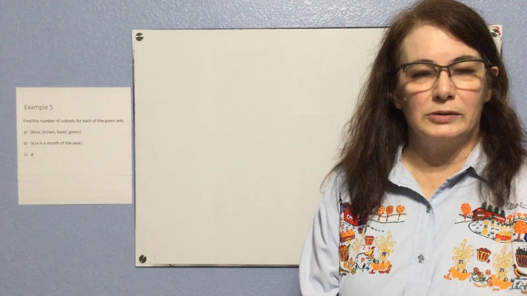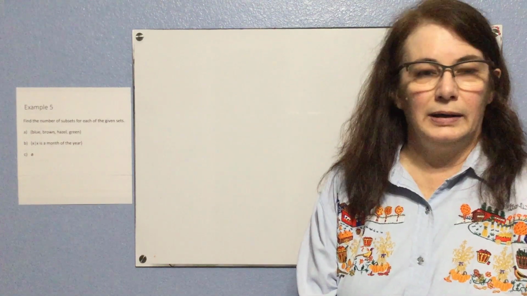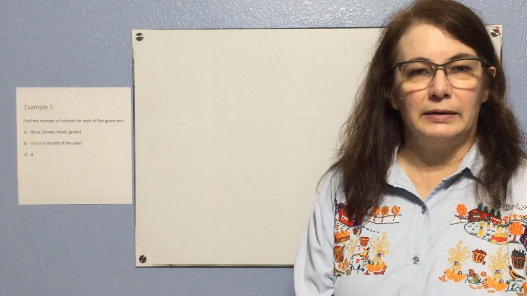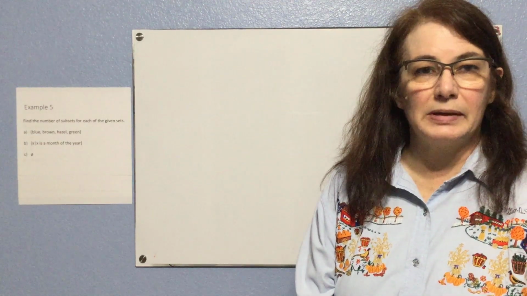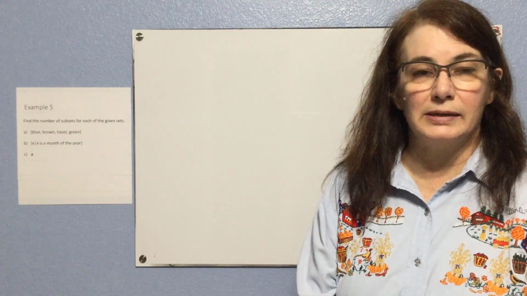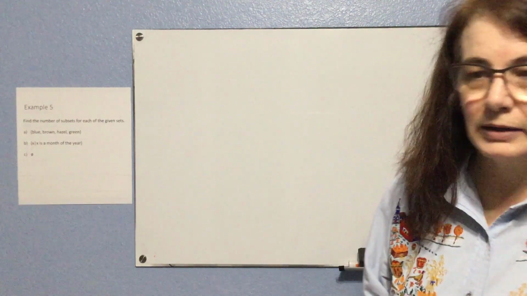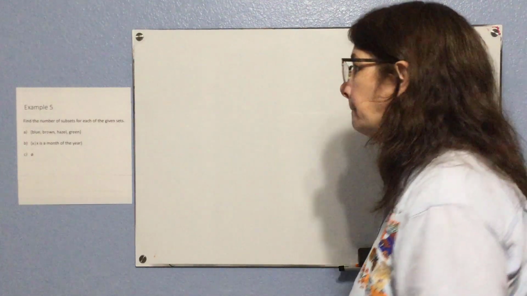I'm sure you realized working on that last checkpoint that finding all the subsets of a particular set can be very wearisome and tedious. Sometimes it's just enough to know how many subsets there are. And so we can do that a lot quicker.